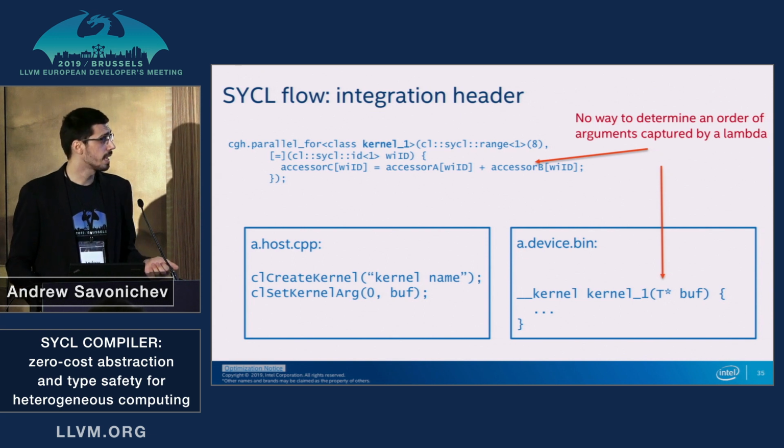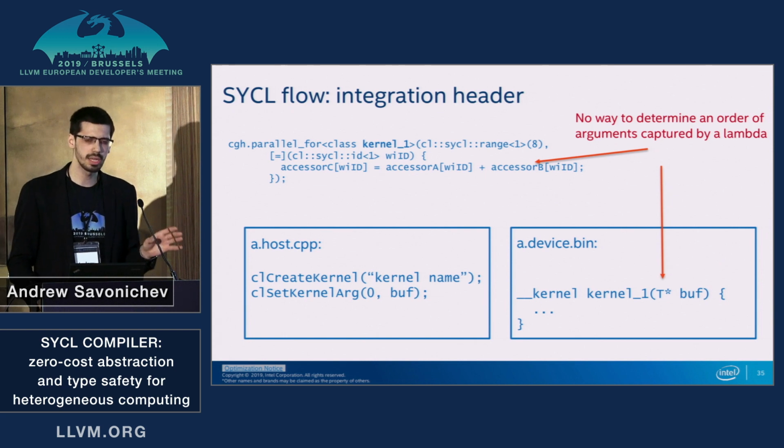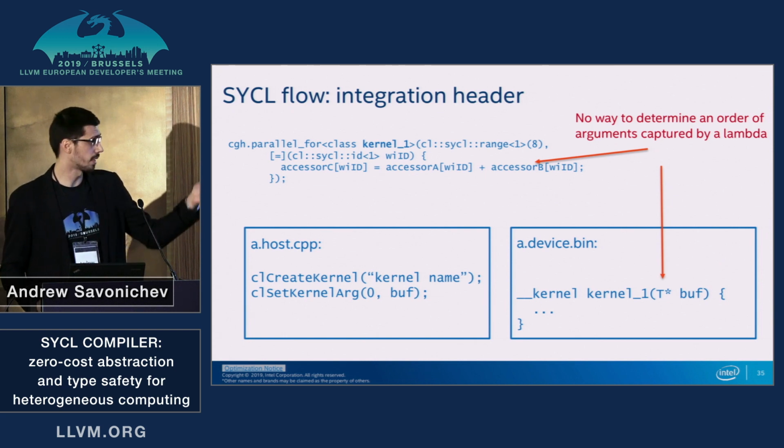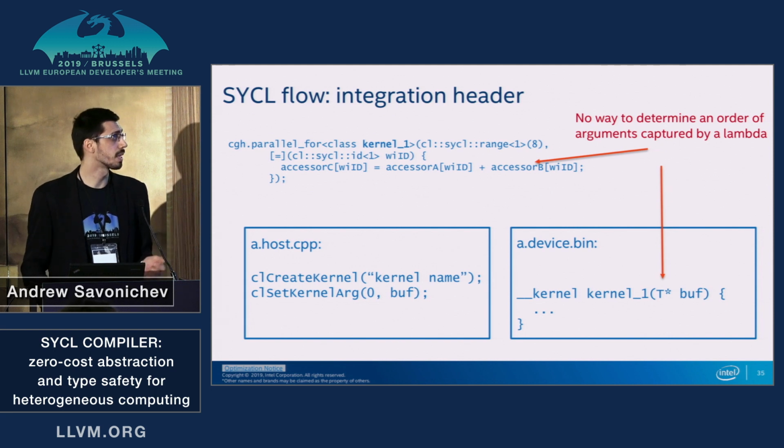So we were thinking about what to do with this and found out that the device compiler is already aware of all this information. It already knows the kernel name because it generated the kernel name in the device code, and it already knows the parameters of a lambda because, hey, we are compilers, we know what we put in the lambda.